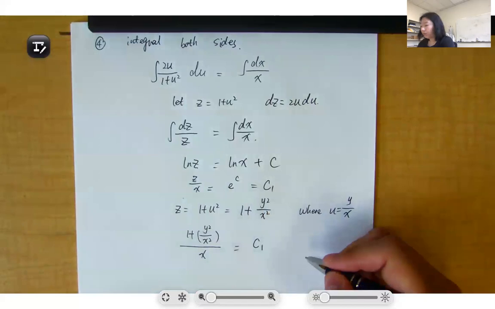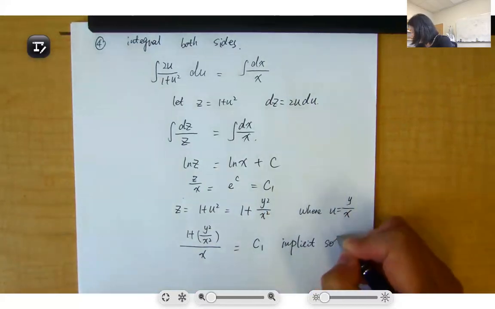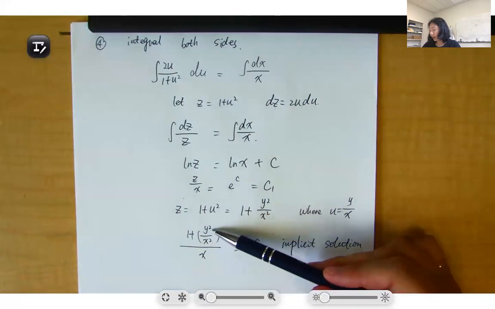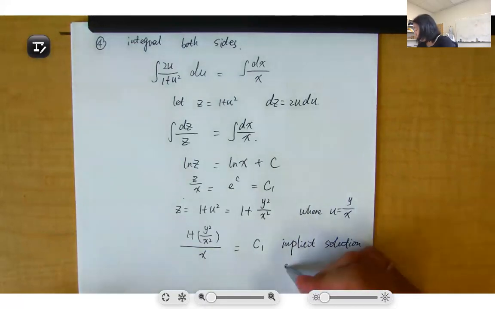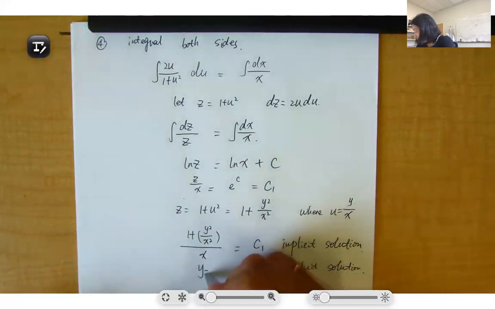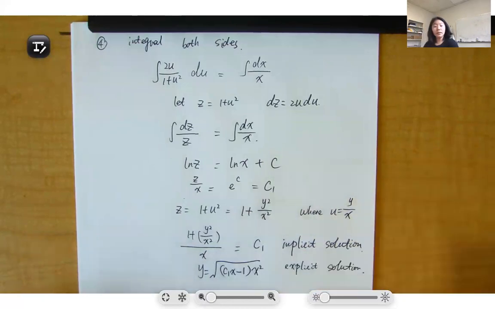And this is called an implicit solution. What is an implicit solution? It is when both the function and the variables are mixed into one equation. We didn't separate them. And the explicit solution is when we separate them, which will be y equals c1 x minus 1 x squared. So that is the explicit solution.